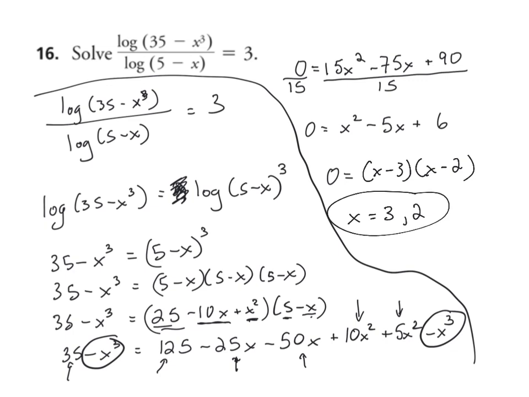Now let's just check to make sure they're admissible. Let's start with 3. 3 cubed equals 27. So 35 minus 3 cubed, that's 35 minus 27, so that's just a log of 8, that's fine, over 5 minus 3, so that's just log of 2, that's fine.